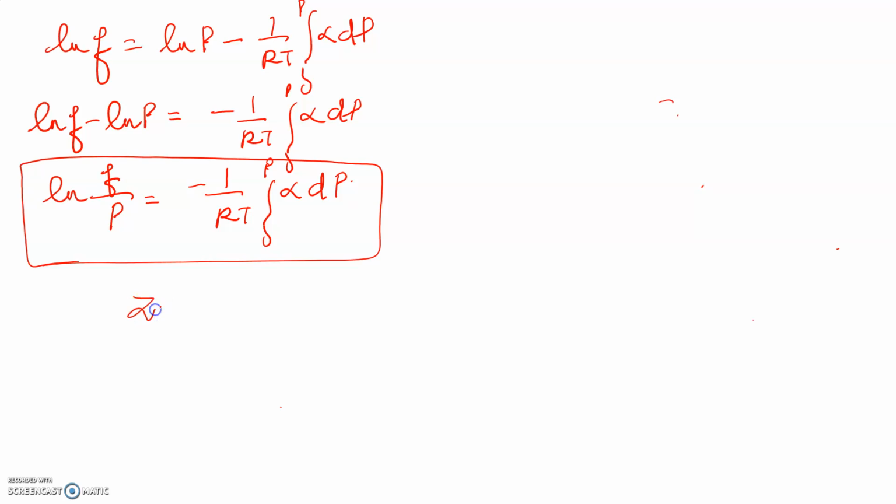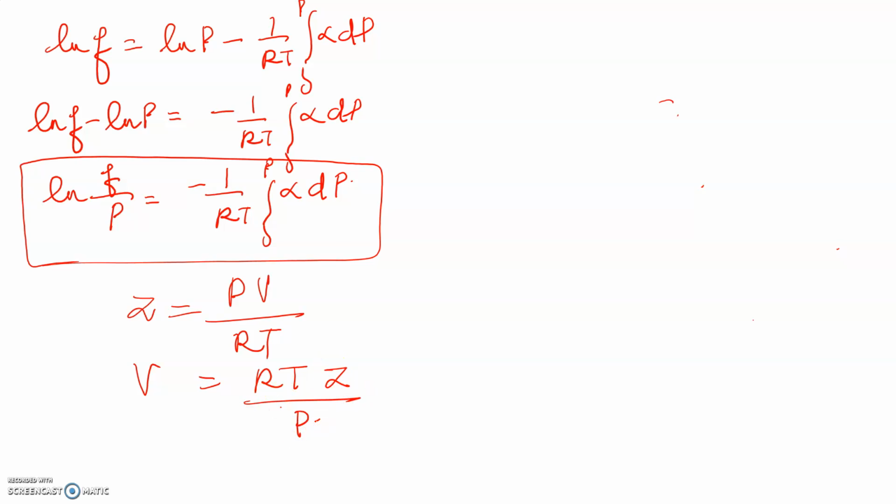You know what compressibility factor is? Compressibility factor Z is pV by RT. From this, V will be equal to RT into Z by p.